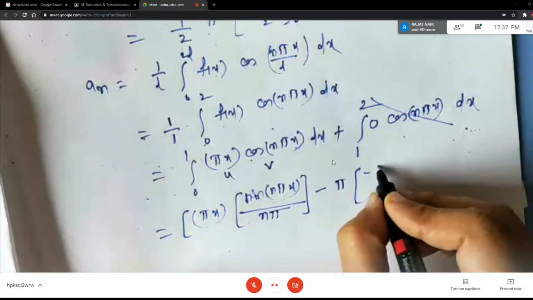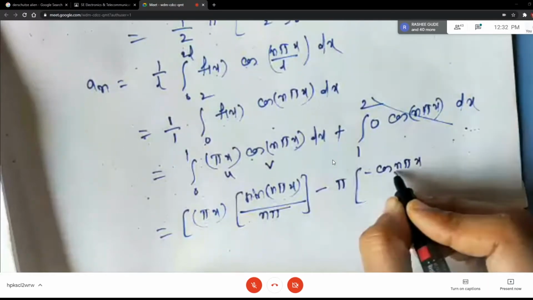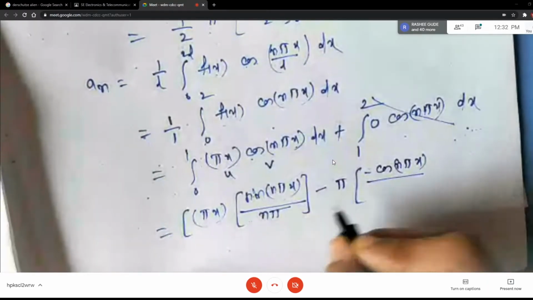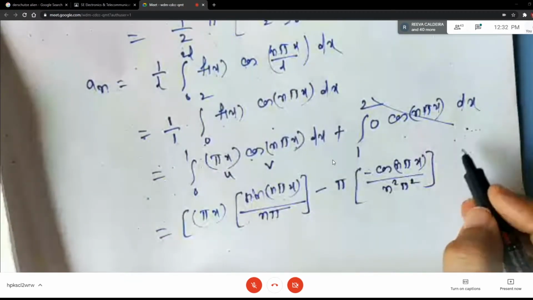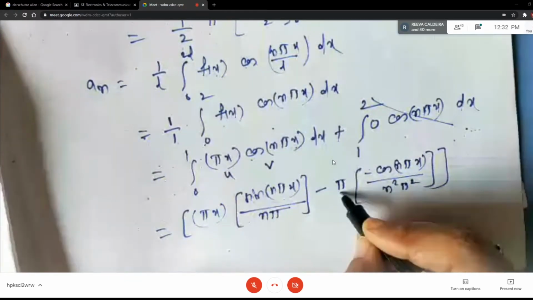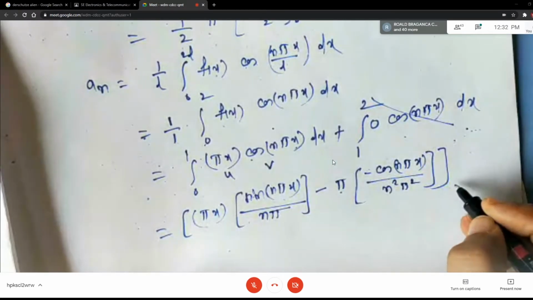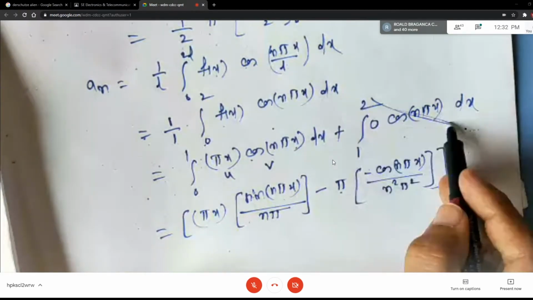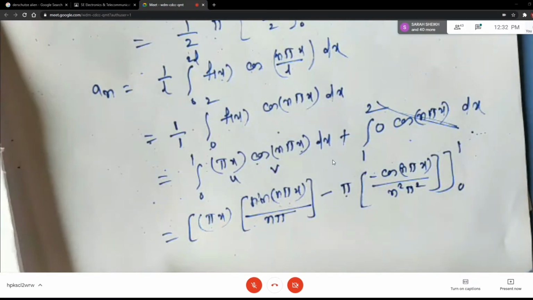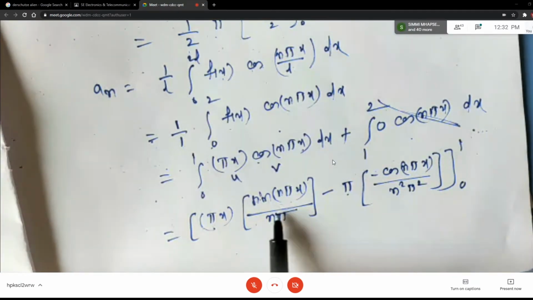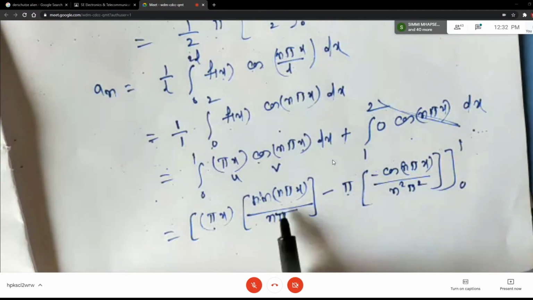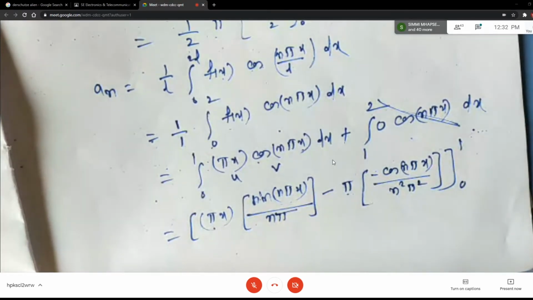Integral of sine is minus cos n pi x by n pi. But this n pi is already there, so it will be n square pi square. Now stop the expansion because the derivative of pi will be 0. And the limits are from 0 to 1 because the other integral is already cancelled because of the function 0. So first function into integral of second function minus derivative of first function into integral of the previous integral.